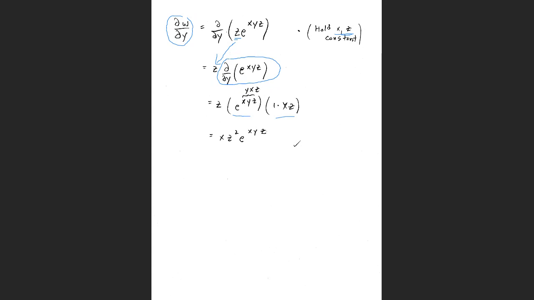To make it look a little easier, xyz is the same as y times x times z. I did that because the derivative of y is 1, and then x and z are constants. It isn't really necessary, but I thought it'd make it look easier for you. And this is our partial derivative.